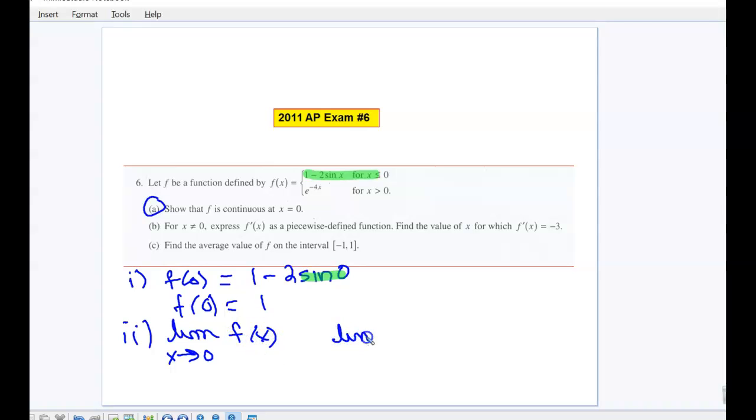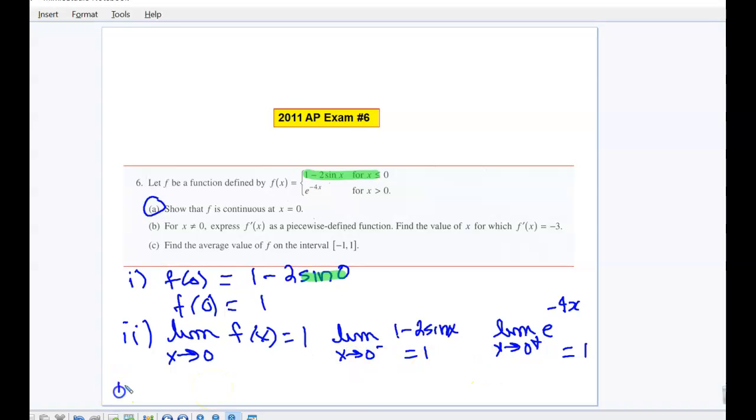So again, I would have to do the limit as x approaches 0 from the left, the limit as x approaches 0 from the right. So from the left, less than 0, I'm using the function 1 minus 2 sine x, and we found that equals 1. Coming from the right, I'm using e to the negative 4x. If I put a 0 in, I get negative 4 times 0 is 0, and e to the 0 is 1. So therefore, the limit as x approaches 0 is also 1 because the limit from the left and right are the same.